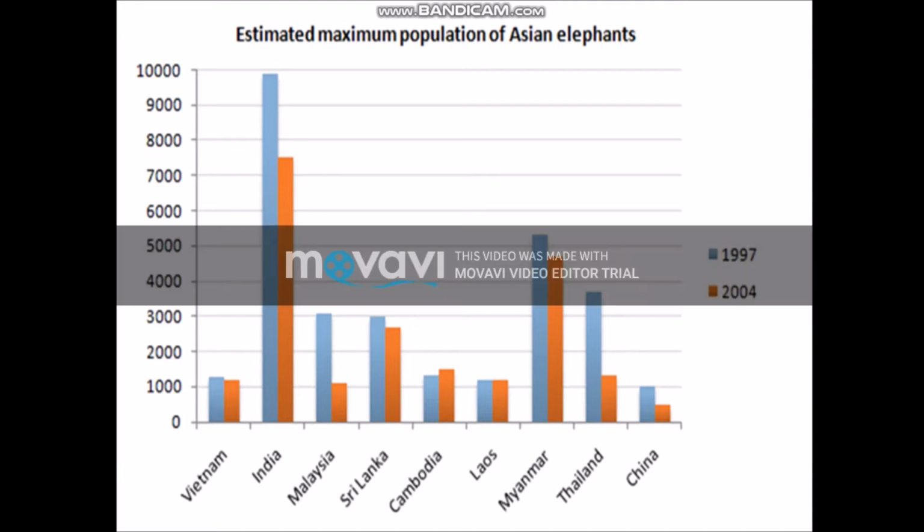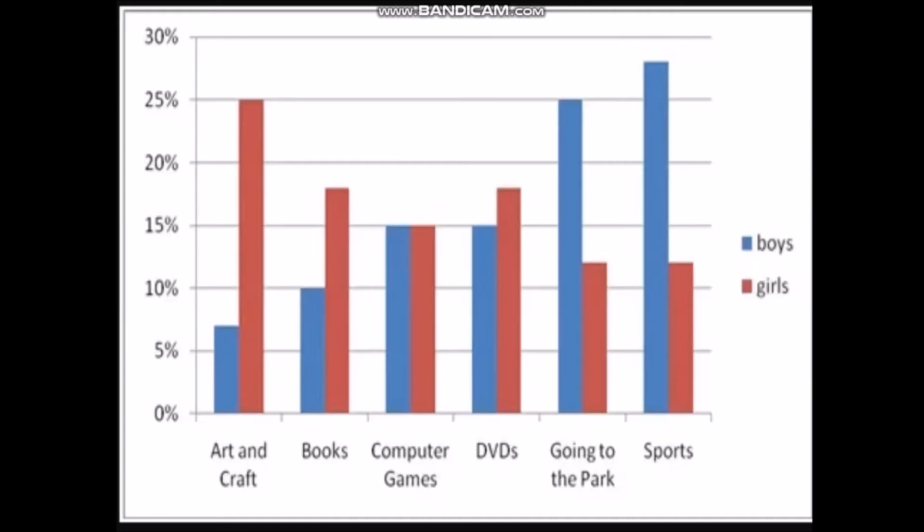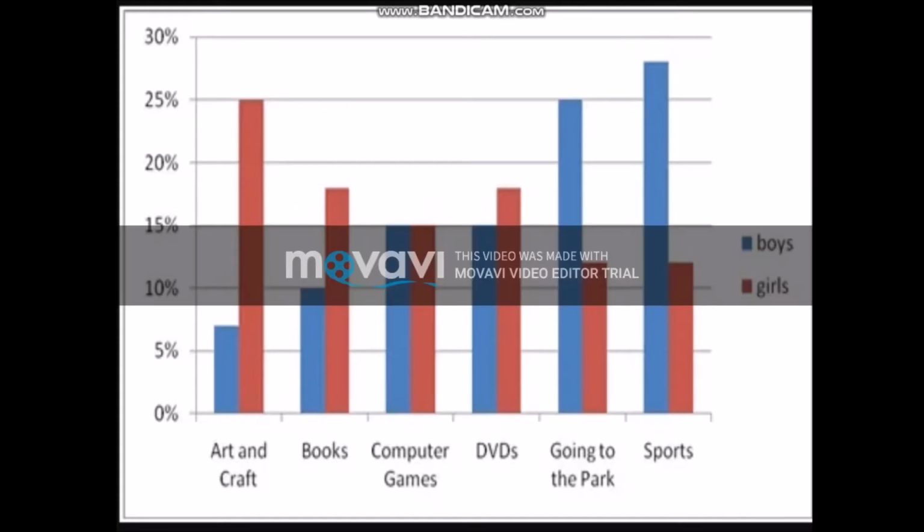In the case of the given graph, it was the huge loss of elephants. For example, higher percentages of boys found going to parks and doing sports more entertaining, whereas girls enjoyed reading books and doing art crafts for recreational activities.